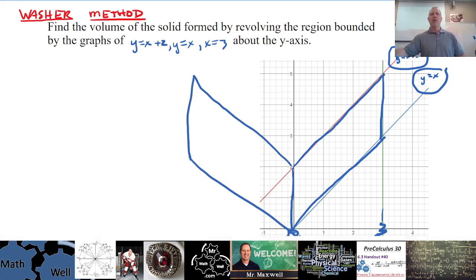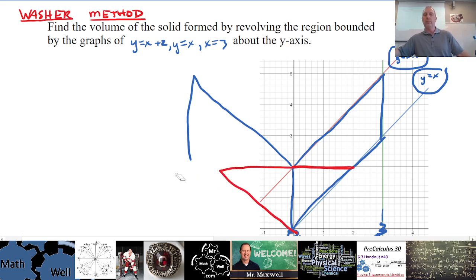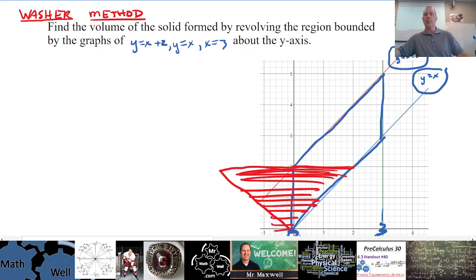But with the washer method, we have to consider that we actually have solid discs with no hollowed out middle, from about 0 to about 2 there. So these are solid discs that we could stack on each other, no problem. We now have to switch our thinking because from the y-axis, there are 2 different functions.